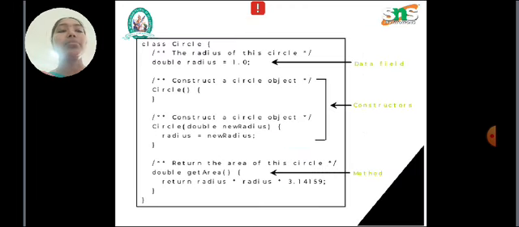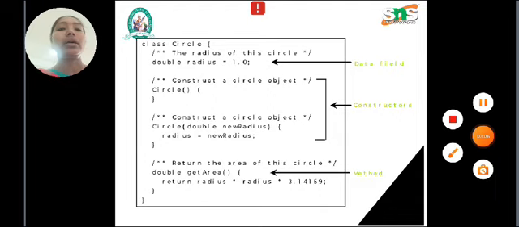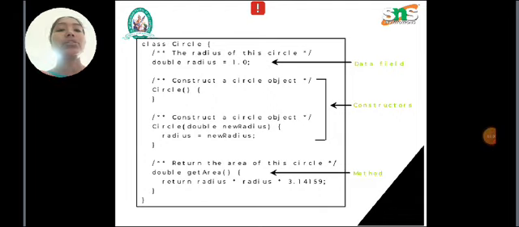This is an example of a class diagram. The class Circle has the radius of the circle and constructs the circle object. Here double getArea represents a method, and creating a class object is done with the constructors.